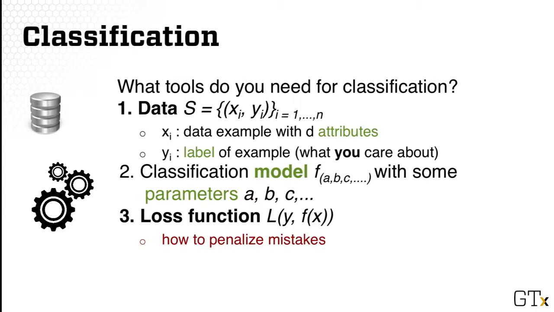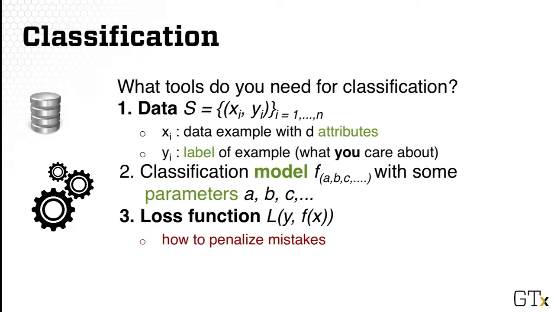In a classification problem, we also need something called a model. We'll go into more detail about what we mean by model, but loosely, you can think of it as some way of mapping the data that you have, which is X, into the label that we care about, which is Y. There are many different ways to figure out this mapping.